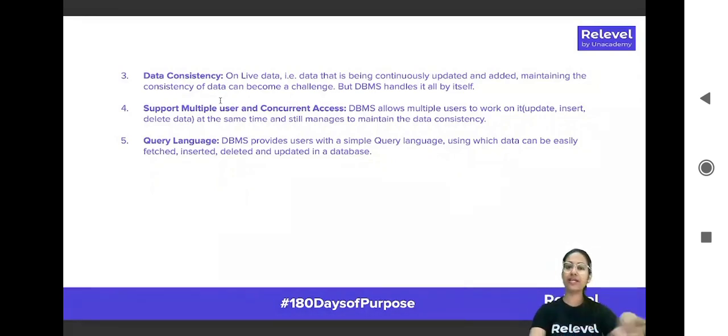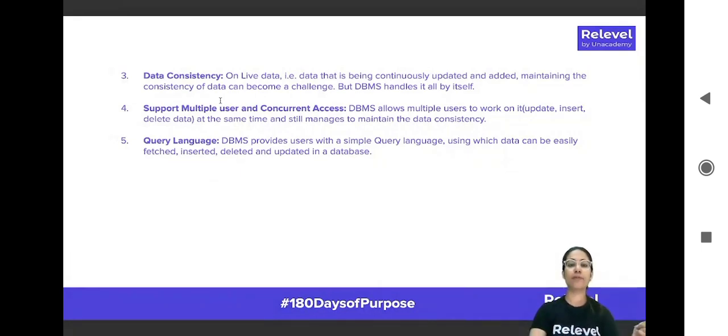You have a certain set of employees below you and you want to give all of them access to work on the data. So database management systems allow multiple users to work on the data. All of them can update the data, all of them can insert information, and all of them can delete the data at the same time, and still manage the data consistency.